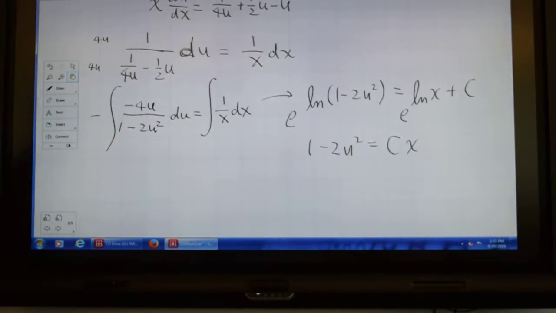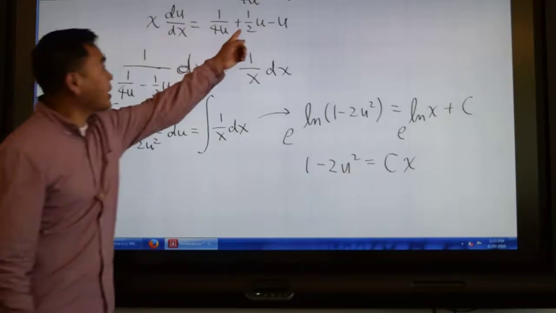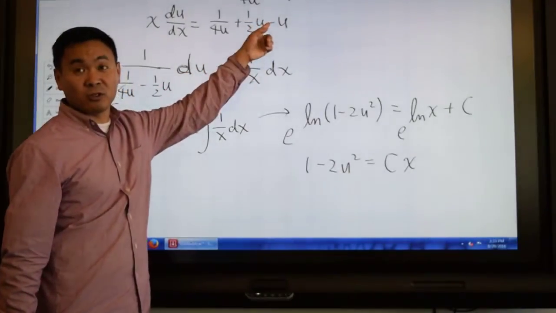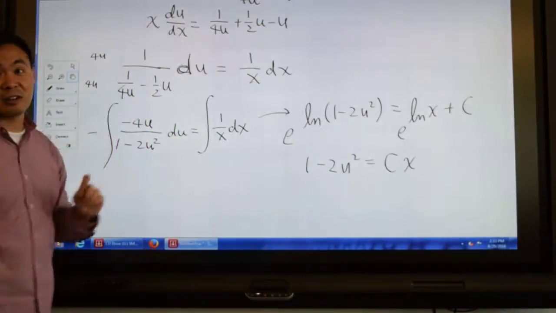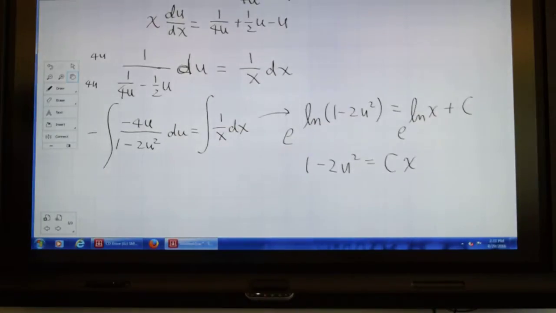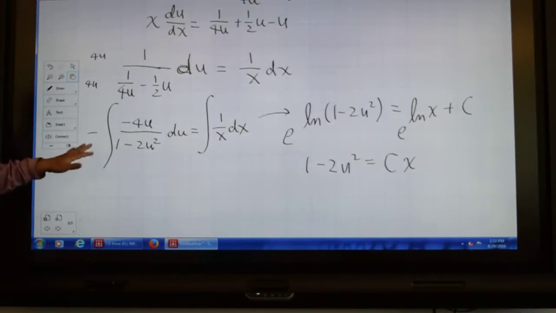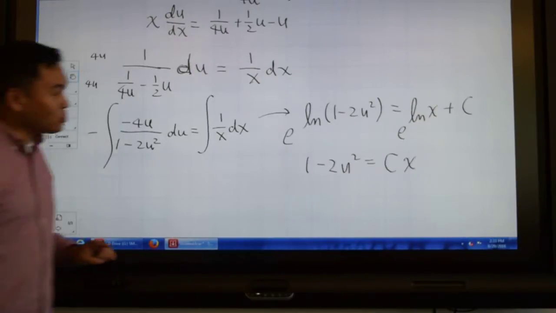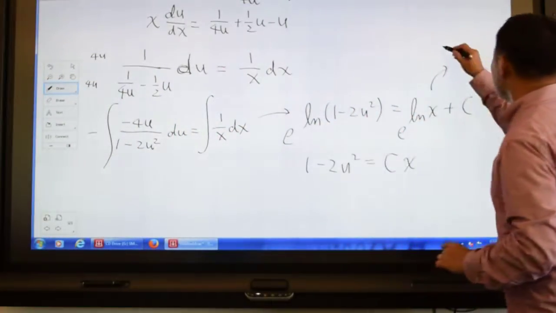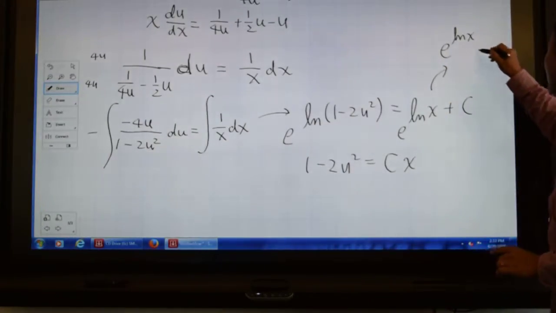Yes? When you separated it, what happens to the third u? Oh, it was 1/2 u minus u is negative 1/2 u. That's what I wrote down here. Any other questions? It's supposed to be C. I guess I did the computation a little fast. It's supposed to be cx or c plus x. Oh, this is really e to the ln of x times e to the c.